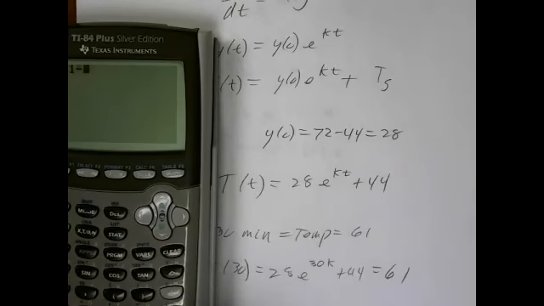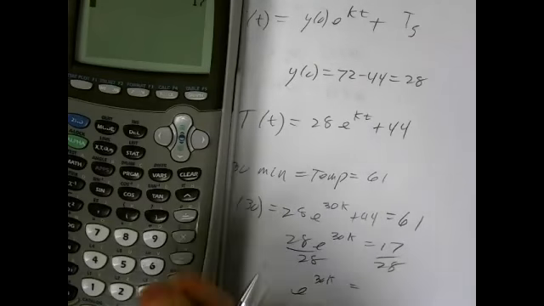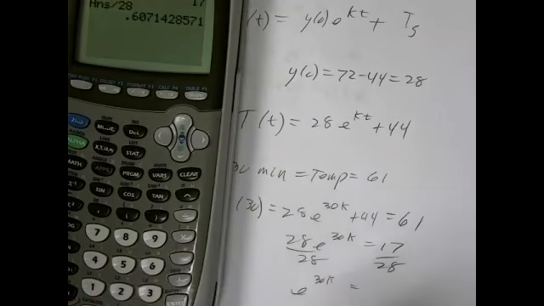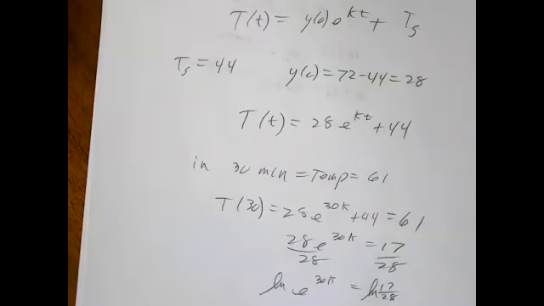So 61 take away 44 is 17. And now divide by the 28. 17 divided by 28, let's keep it 17 over 28. That's ugly. Natural log both sides, and divide off the 30, and you've got your k value.